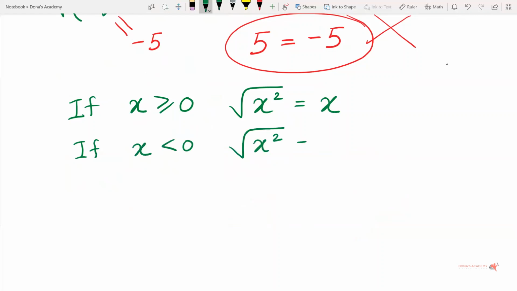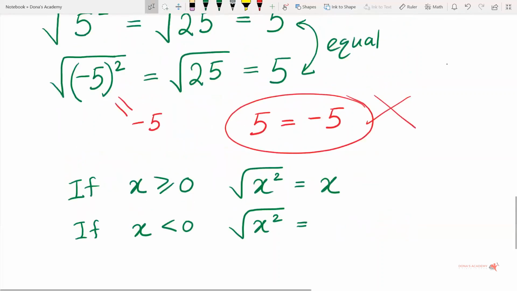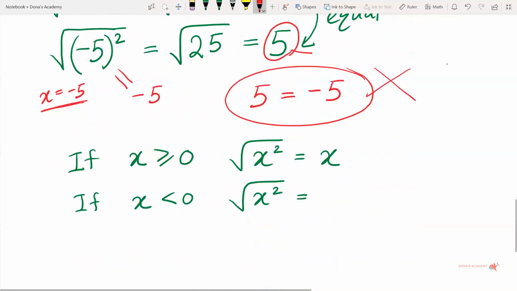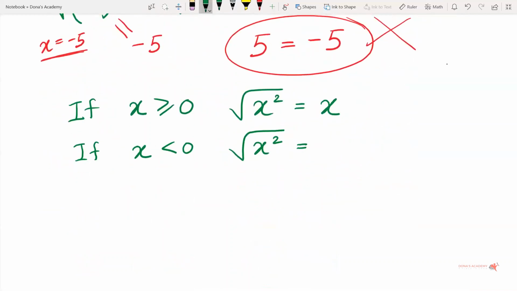It can't be x, because here x is negative 5, however the answer was positive 5. So what did we do to get the correct answer? We had to multiply x by negative 1. So this should be negative x.